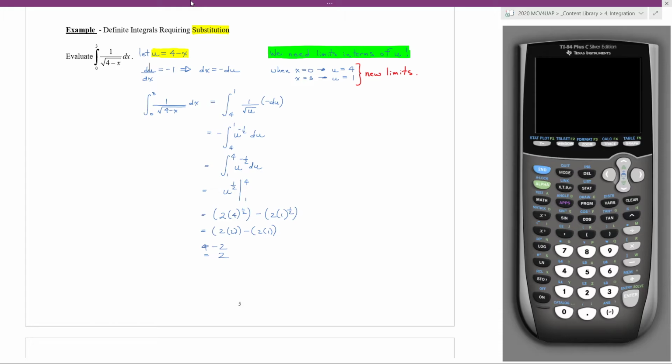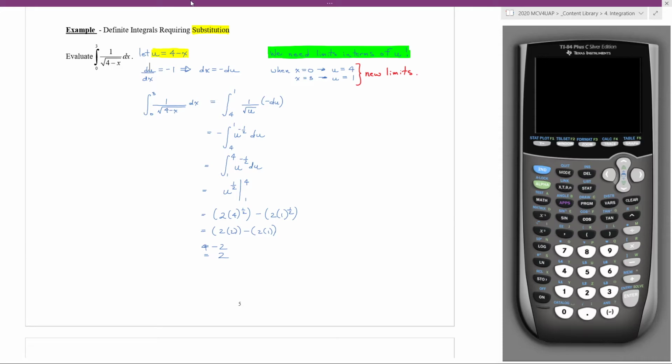The rest is just finding antiderivatives. So I take the negative outside and I rewrite the expression without the square root sign. And then you can see that I flipped, in the third step there, the integral becomes positive because I've flipped the direction of integration.